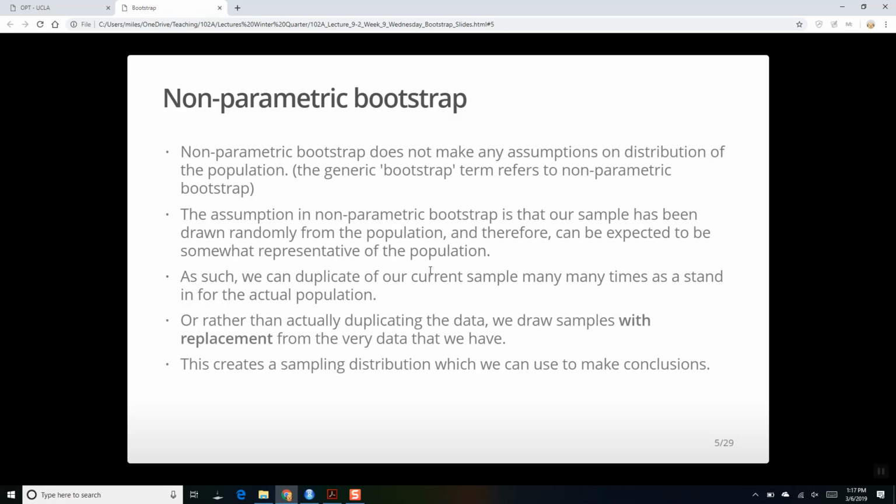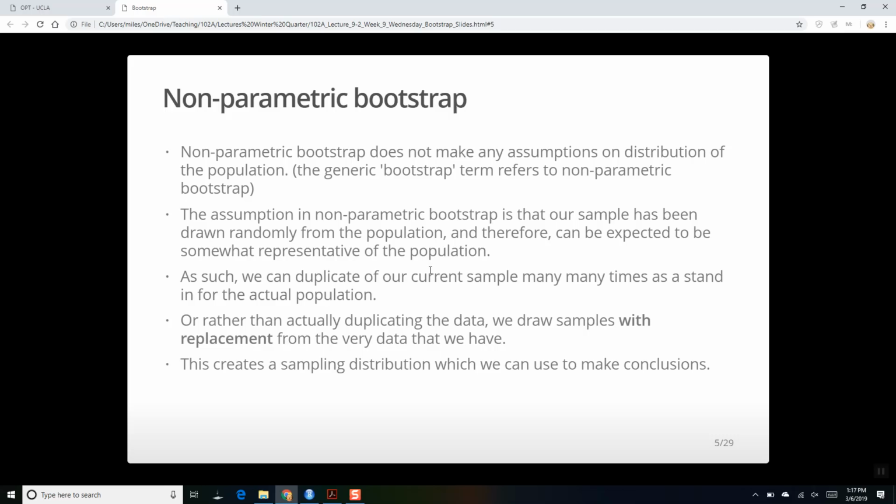Okay, but we're hoping that because it was a random sample, it should be representative of the population, and so we just take our sample, we clone it, I don't know, like 1 billion times, and now I have a quote unquote pseudo population here, and I can draw samples from that to generate my sampling distribution.